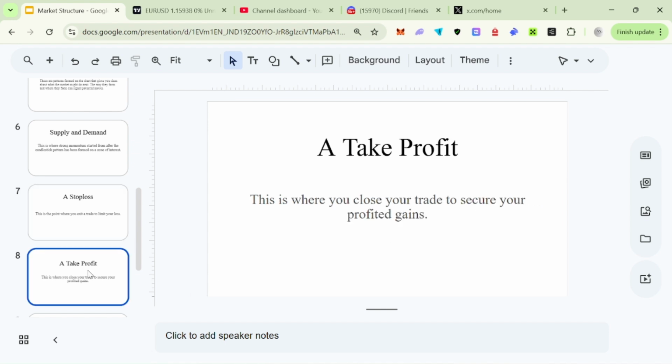Now a take profit is where you close your trade to secure your profited gains. So when you've made some gains, your take profit is simply the button that tells your broker, I've made enough, now lock in my profits, close the trade, keep my profits, I'm good with this.